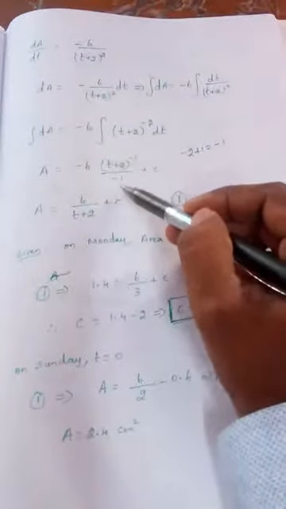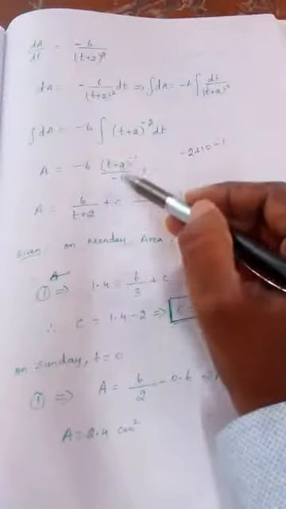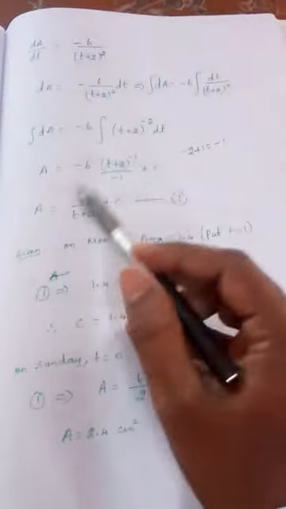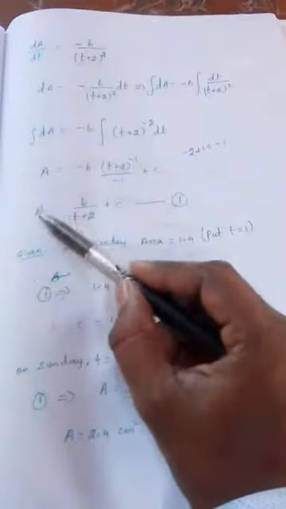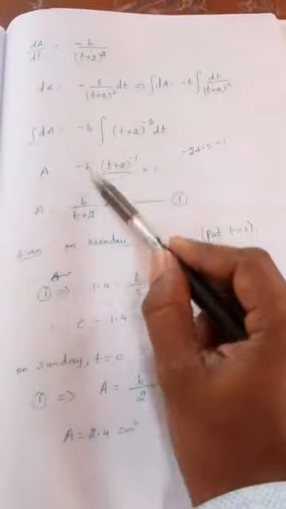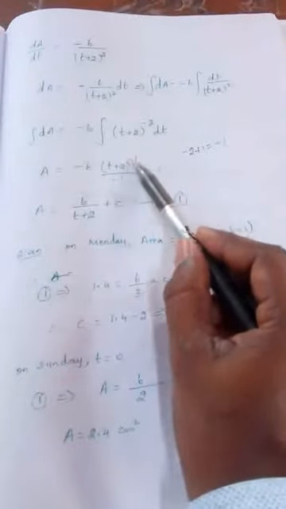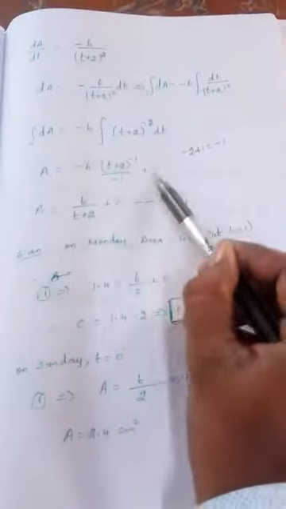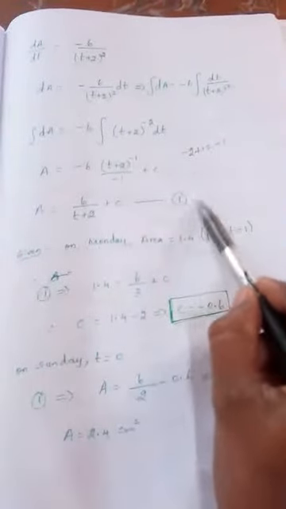So minus 1 by minus 1, plus c, where c is the constant of integration. Minus and minus cancel, only 6 remains. Bringing the power minus 1 to the denominator, it becomes A equals 6 by (t plus 2) power 1 plus c. This is taken as the first equation.